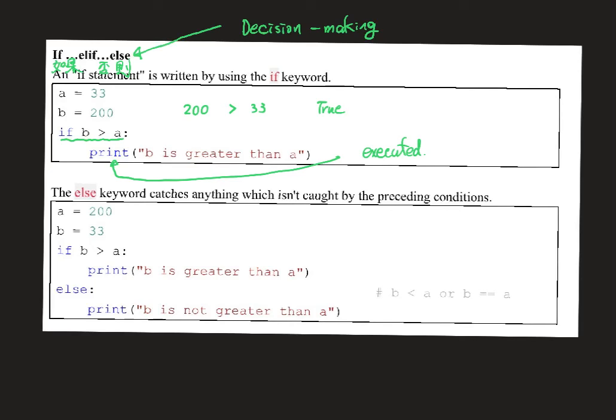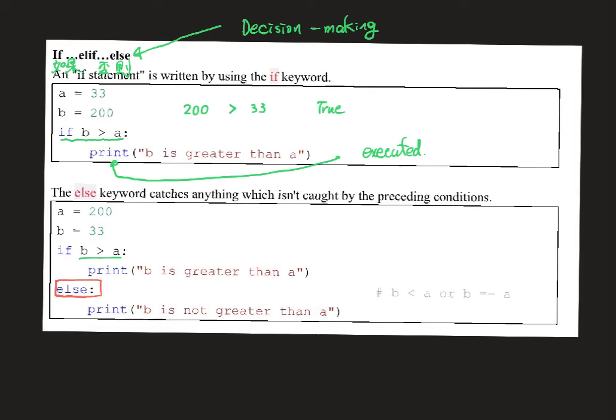And if we want to have more decisions in a block of programming statements, let's take a look at the second case. In this case, we have else here. As I mentioned before, this one means 否則. If b is greater than a, is it true?